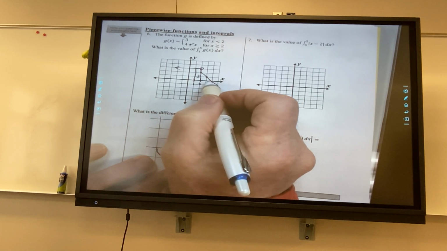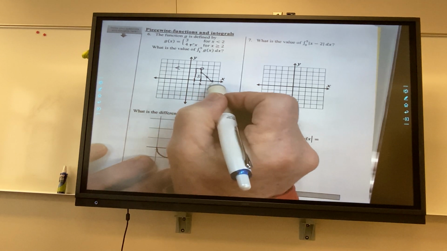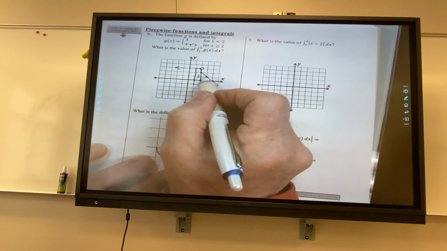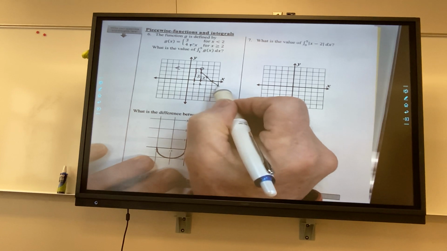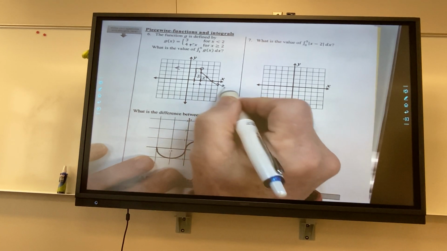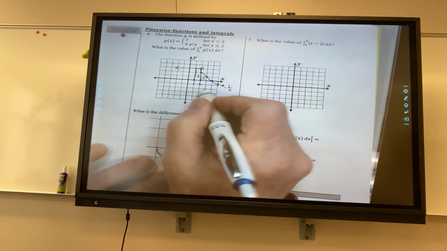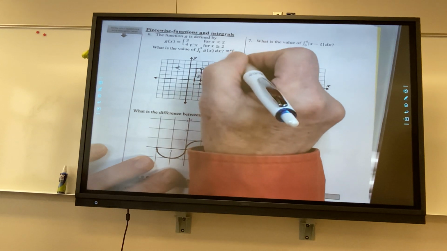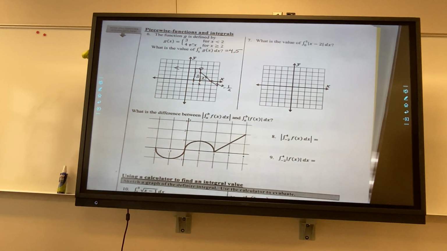How much is that, do you think? 2. How'd you get 2? Oh yeah, because it's going through 1, 2, 2 this way, 2 this way, yeah, 2. And then how much is this little doodad right here? 1/2. Is it 4.5? And so my area is what? 4.5. Would you agree with that? All right.